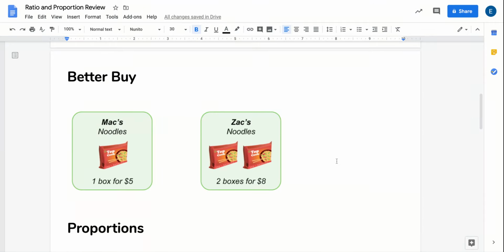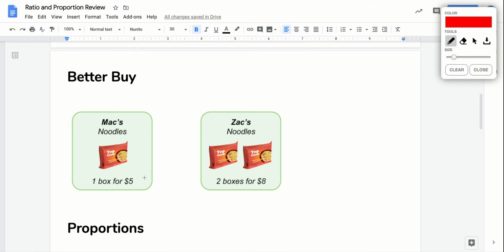All right, the better buy. Again, we need to find the unit rate to decide which one is a better purchase. So I have 1 box of noodles for $5 or 2 boxes for $8. This one's already in unit rate, so I have $5 for 1 box.